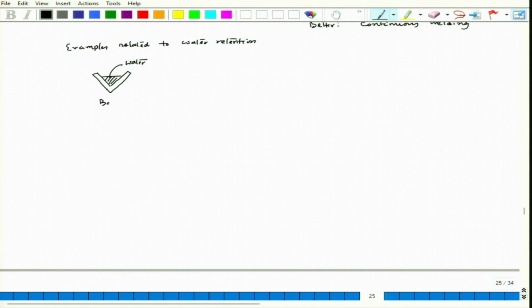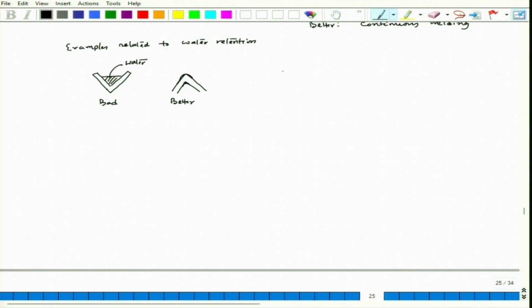This is bad. The better design would be to make it reverse, so water cannot accumulate. And in fact, this sharp corner should be avoided. So, it is better to have a design like this, a rounded portion. So, this is a better design, water accumulation can be stopped.